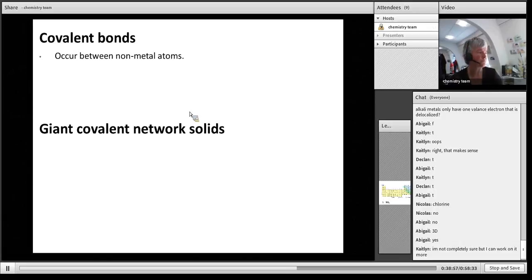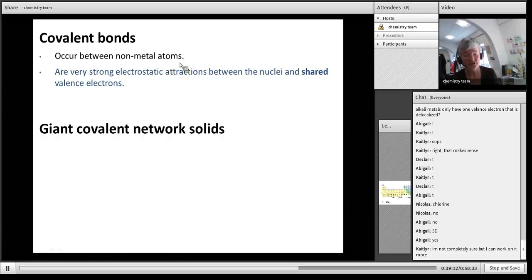Okay. Right, so the network solid is based on the theory of covalent bonds. So the particles are atoms, non-metal atoms, and they're attracted by covalent bonds. So what's our theory? This attraction is between non-metal atoms, very strong attraction, and it's again electrostatic, but instead of between a cation and an anion, or between a metal cation and its delocalized negative electrons, we've now got it between the positive nuclei of one atom and the shared electrons.